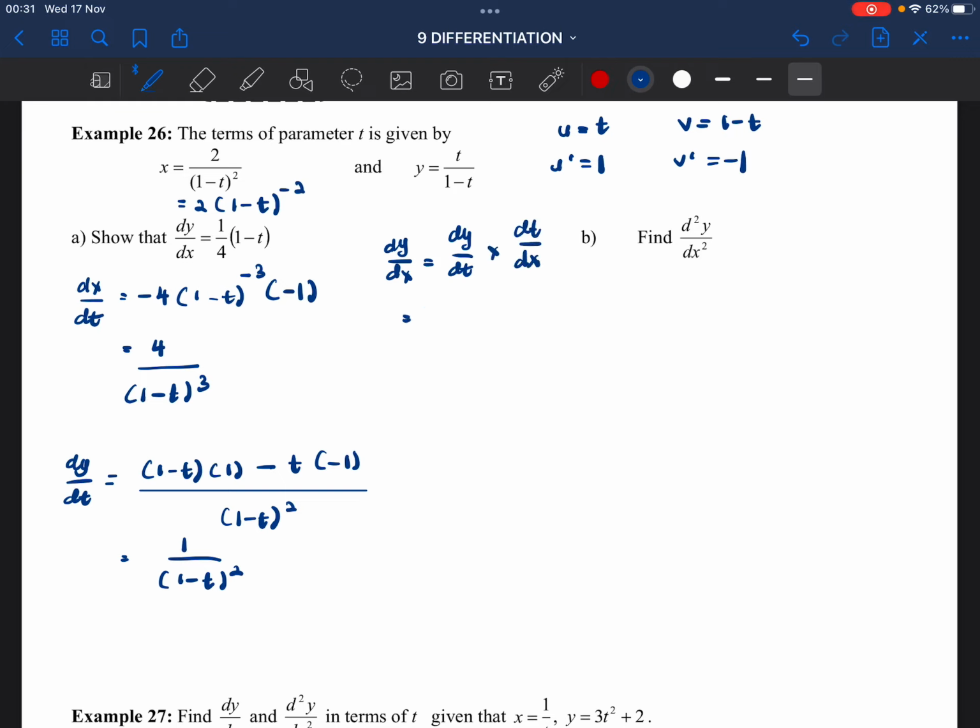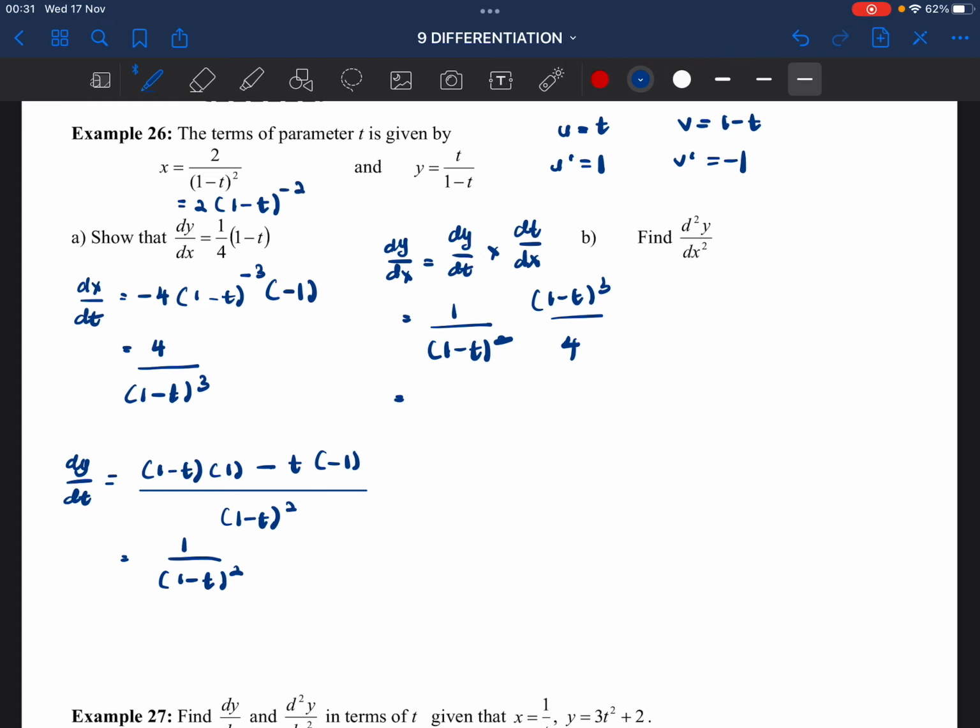So our dy over dt is 4 over 1 minus t cube. dt over dx, sorry, terbalik. So dy over dt is 1 over 1 minus t square. dt over dx is this one here, but terbalik. So that should get us 1 minus t cube over 4.